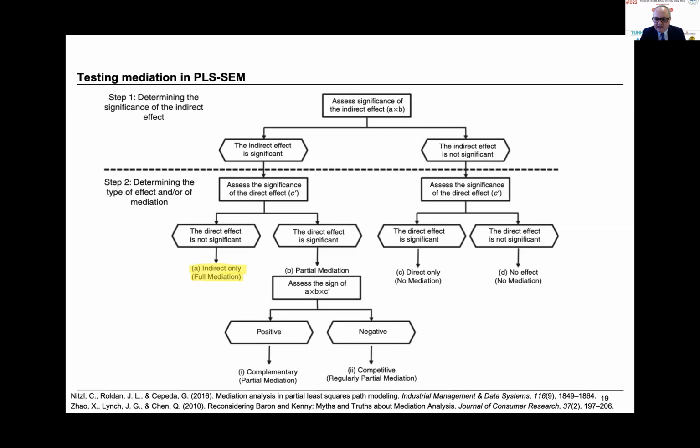Something more complex. If you want to run a double moderation, also named a three-way interaction, the equation would be this one. And this is a typical three-way interaction model, and the equivalence is this one.